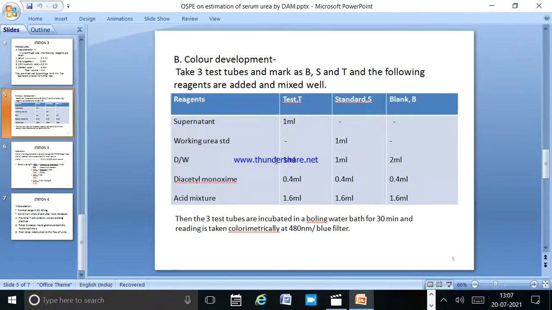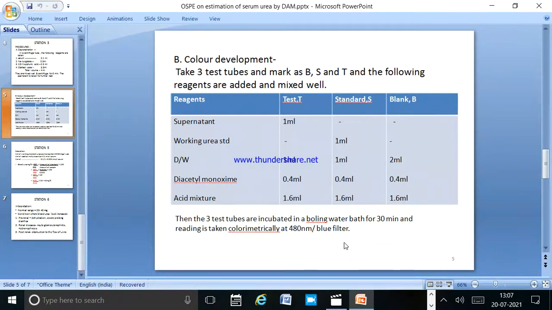This color development step is important, and I will show you the video also. The amount you have to put in each test tube is shown here. After putting the corresponding reagent, diacetyl monoxide acid mixture and distilled water in each test tube, they are incubated for 30 minutes and color development happens.